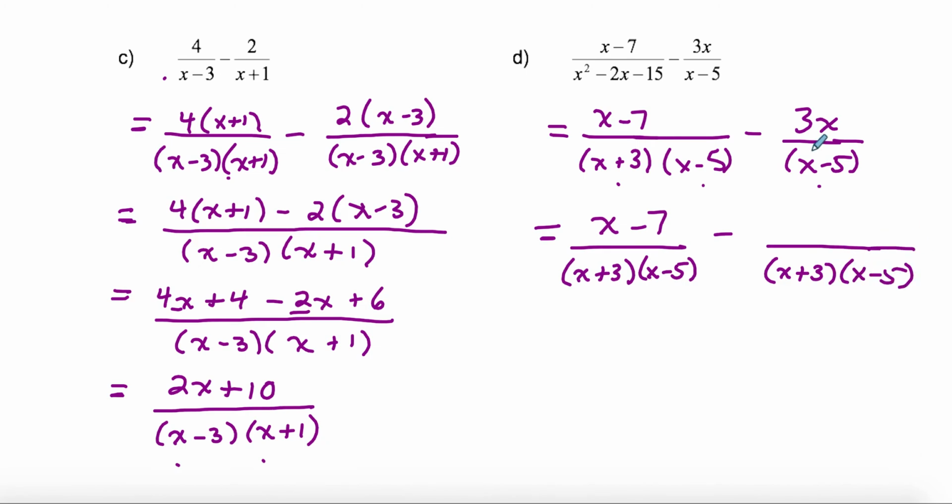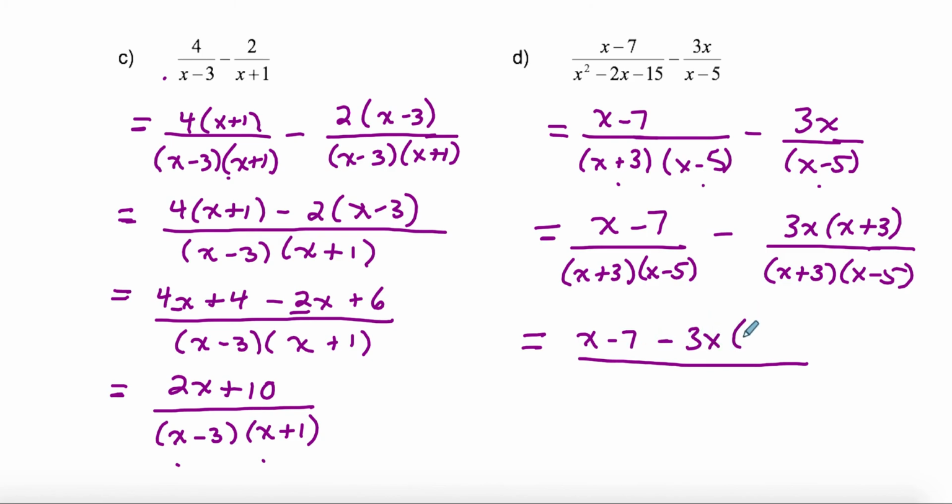Well, it already had an x minus 5, but it didn't have an x plus 3. So whatever I do to the denominator, I have to do the same thing to the numerator. Now that I have the same denominator, I would just have one fraction, but I want to kind of simplify. This would be minus 3x times x plus 3.